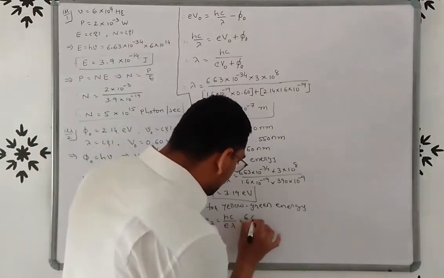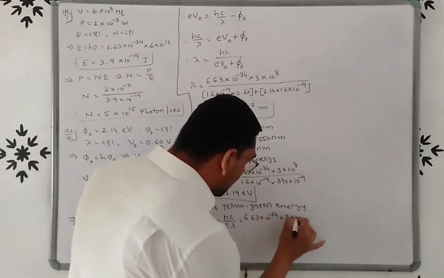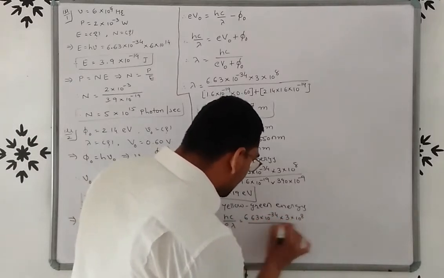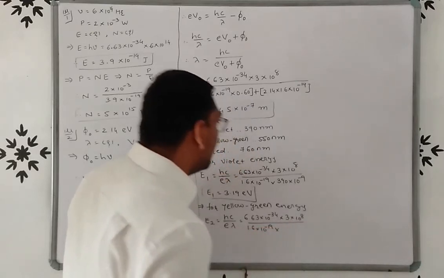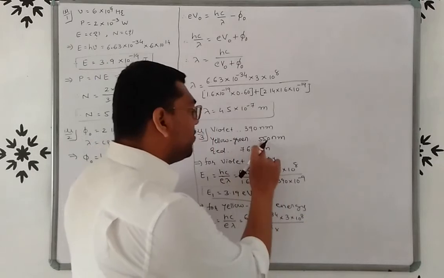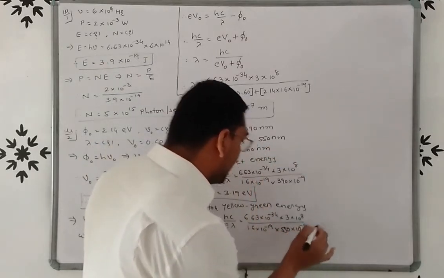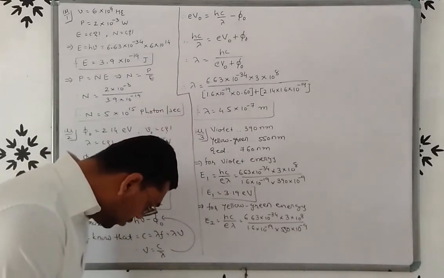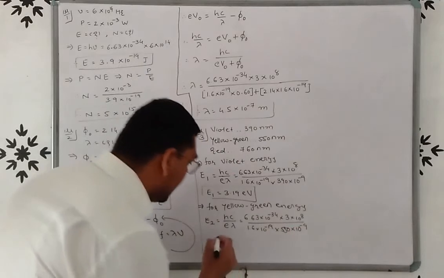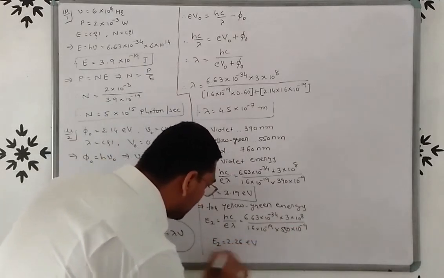So h is 6.63 into 10 raised to minus 34, c is 3 into 10 raised to 8, e is 1.6 into 10 raised to minus 19, lambda for yellow green is 550 nanometer, so 550 into 10 raised to minus 9. So you will get 2.26 electron volt. So E2 is 2.26 electron volt.